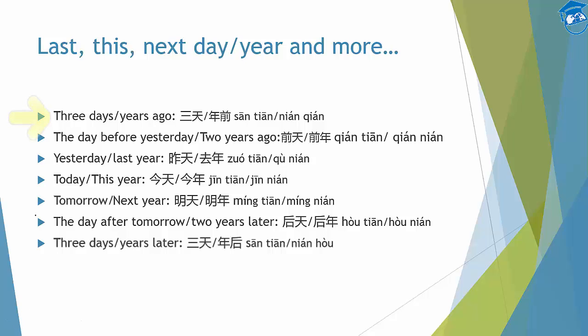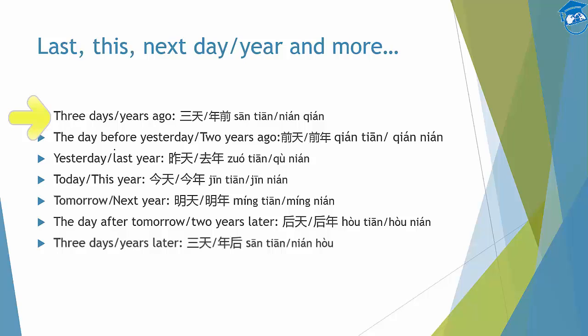So if you want to say 3 days or 3 years ago, it is 3天前 or 3年前. And of course, if you want to say 5 years ago, you can say 5年前. Okay, it is as simple as that.